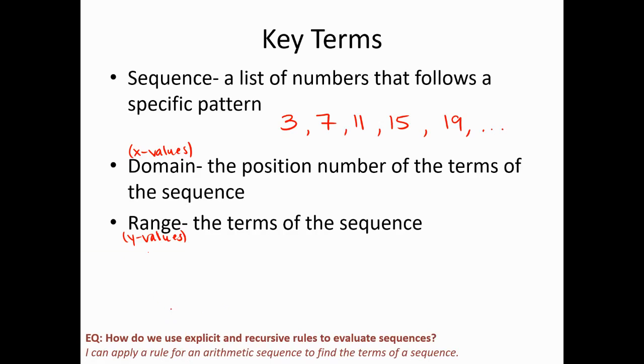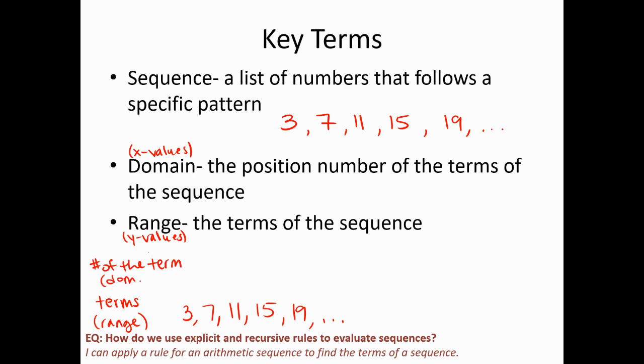Okay, so we have the sequence that I gave as an example: 3, 7, 11, 15, 19, dot, dot, dot. So these are the actual terms of the sequence, which we call the range. Okay, and then we have the number of the term, also referred to as the position, and we call these values the domain.